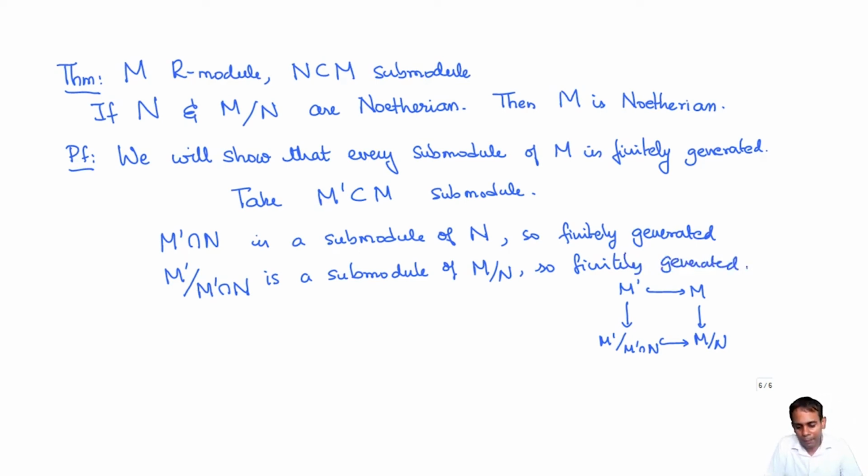So this M prime has a submodule which is finitely generated, and the quotient by that submodule is also finitely generated. Therefore, M prime is finitely generated.